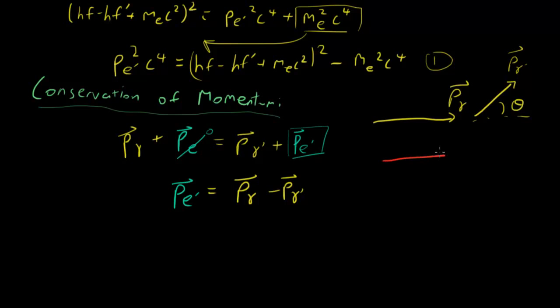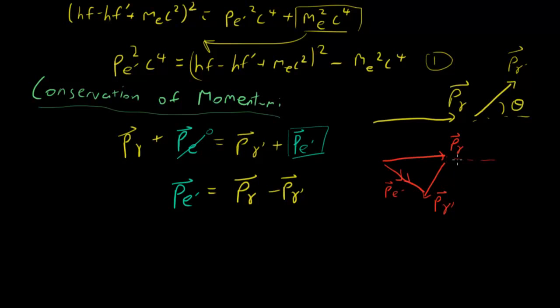In order to subtract, we basically flip this vector over. So in flipping it, we get it like that. The momentum of the photon before minus the momentum of the photon after is equal to the resultant vector, the momentum of the electron after.